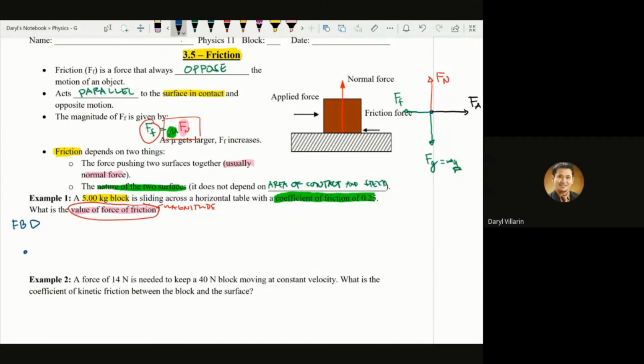So this would be my object. Again, you just represent it with a dot, that's fine. And then just place the forces acting on the object. We have here Fg. Again, the magnitude of your weight is just given by mg. And you have the normal force.